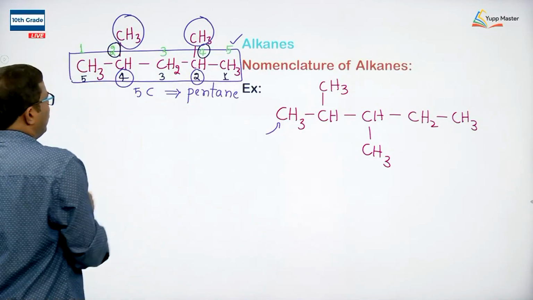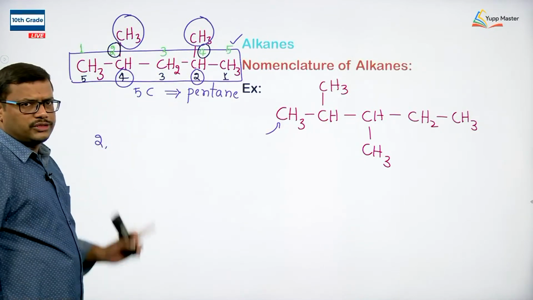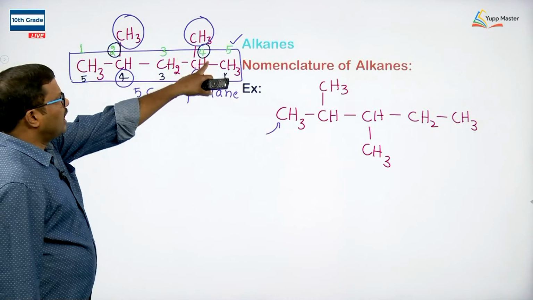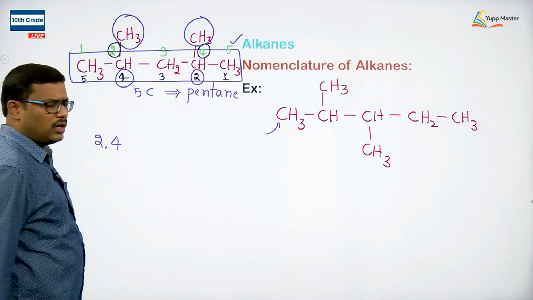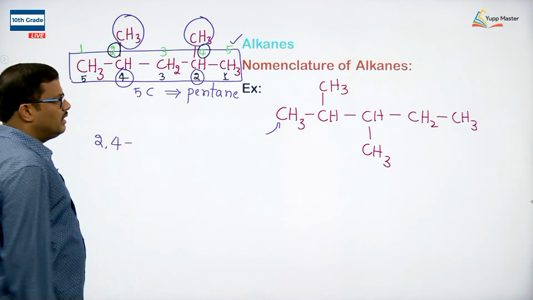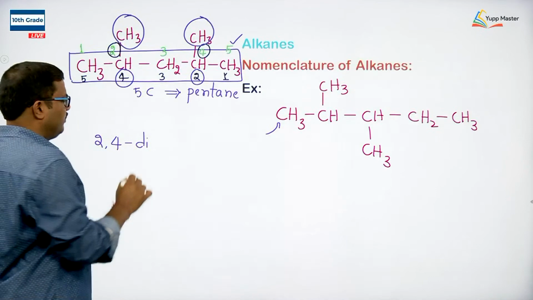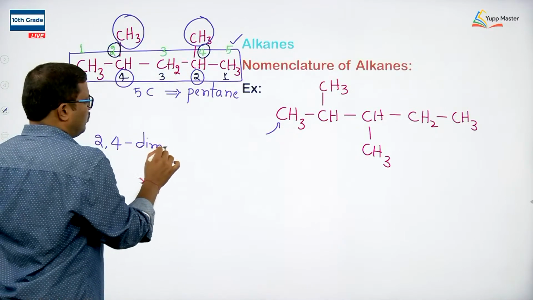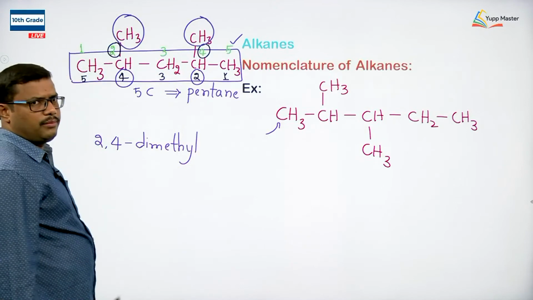At the second carbon I have a methyl group, so it is 2 comma, at the fourth carbon I also have a CH3, so it is 4 hyphen, and then we write how many times it is present. It is present 2 times, so I am writing di. Then I mention the alkyl group, that is methyl, dimethyl.